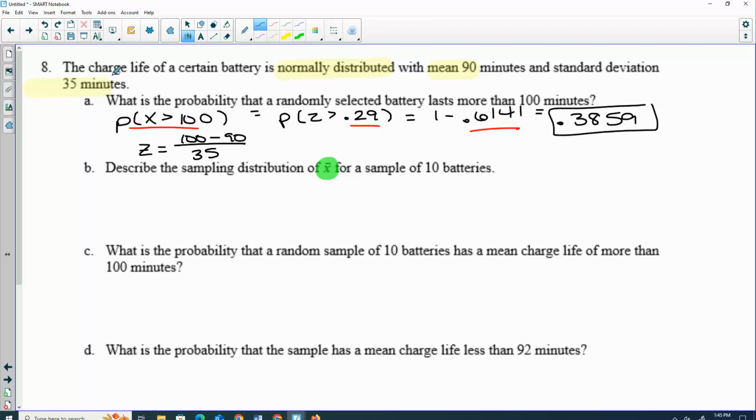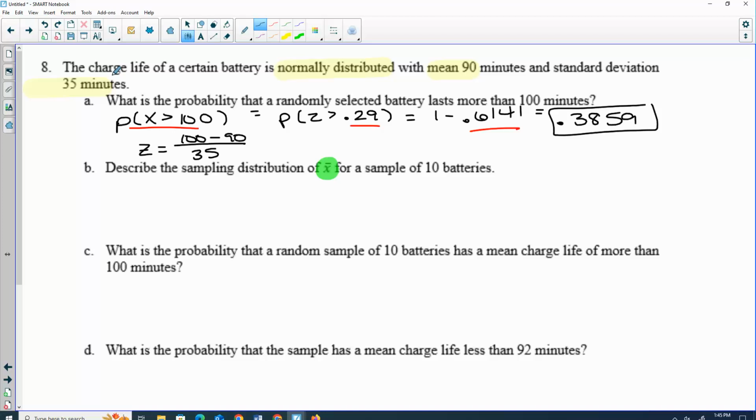Okay, so we have different criteria when we're talking about X bar and P hat. With X bar, the criteria is either the population is normal or n's greater than 30.